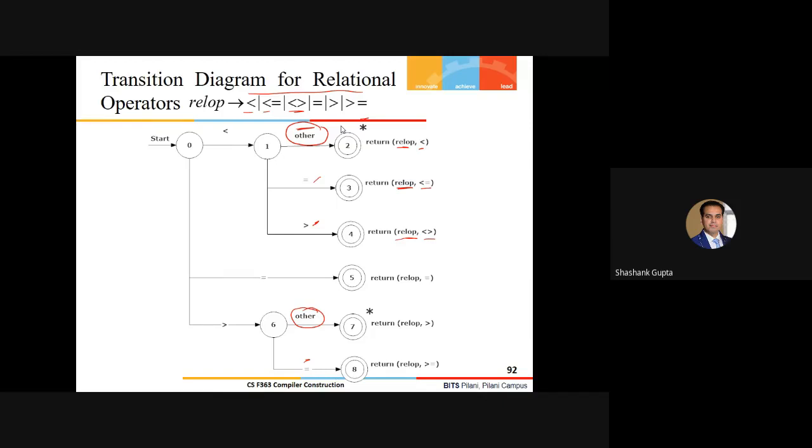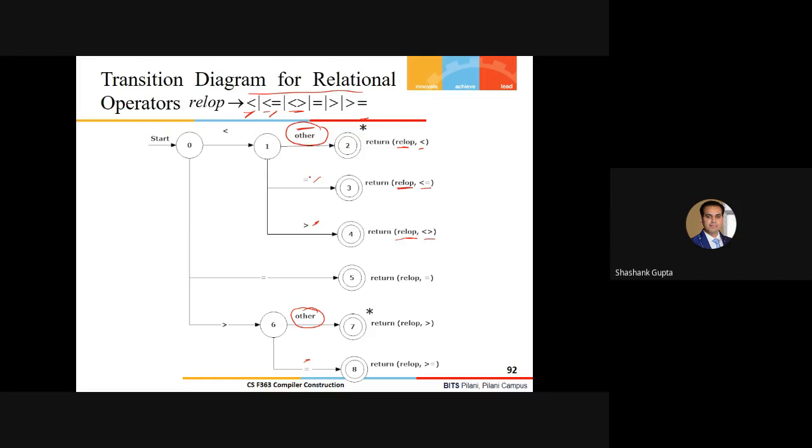The other way is to come up with separate transition diagrams. I'll construct a separate transition diagram for less than, and a separate transition diagram for less than or equal to, and this way I can do my implementation.